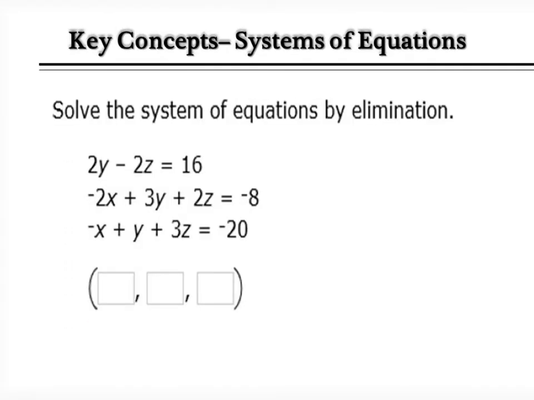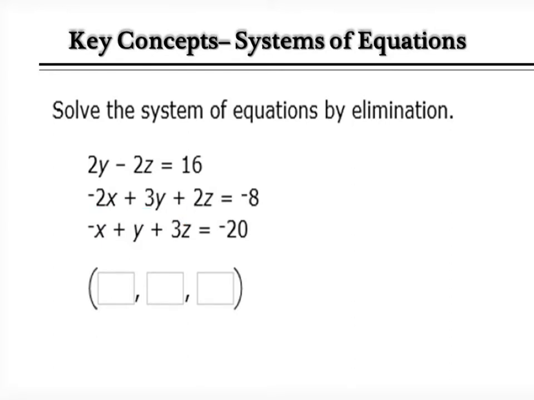I'm going to show you how to solve these using matrices in your calculator. We're going to solve them exactly like we did before, only matrix A is going to be a 3 by 3 matrix because we have 3 variables, x, y, and z.